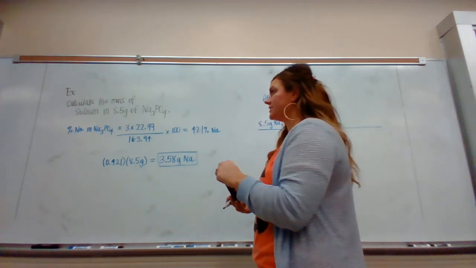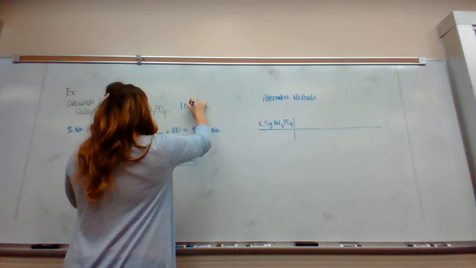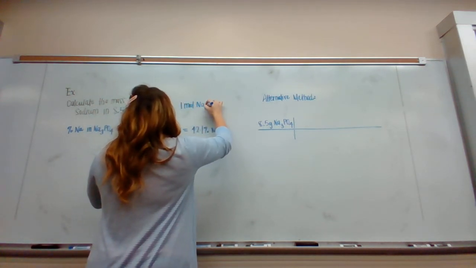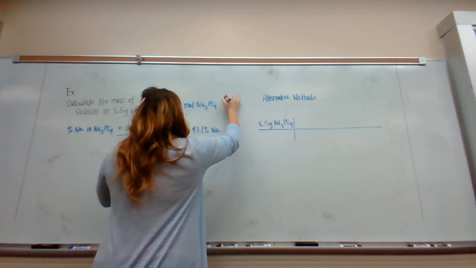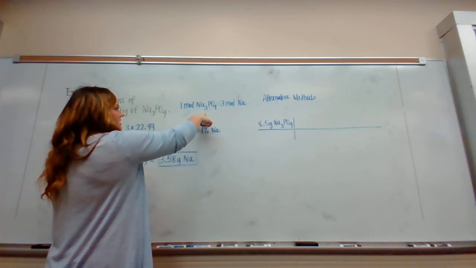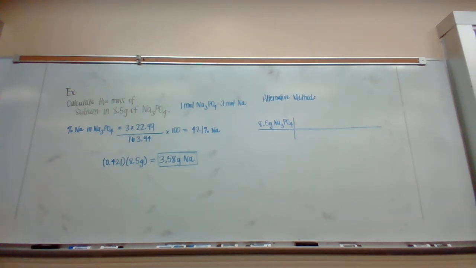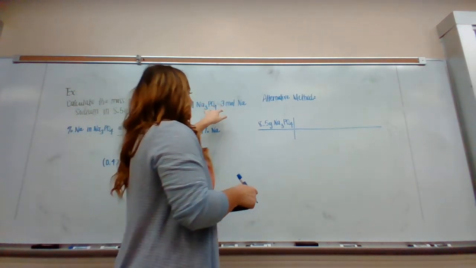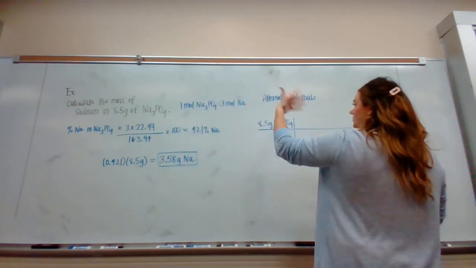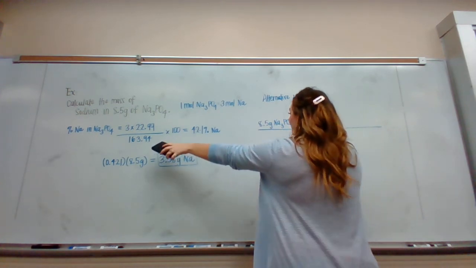Well, I can relate this compound and moles of sodium like this. For every 1 mole of this compound, there are 3 moles of sodium. I know that because of the subscript. So if I can convert grams of sodium phosphate to moles, I can use this and then convert moles of sodium to grams. So to get to moles, I need the molar mass, which I found right here.